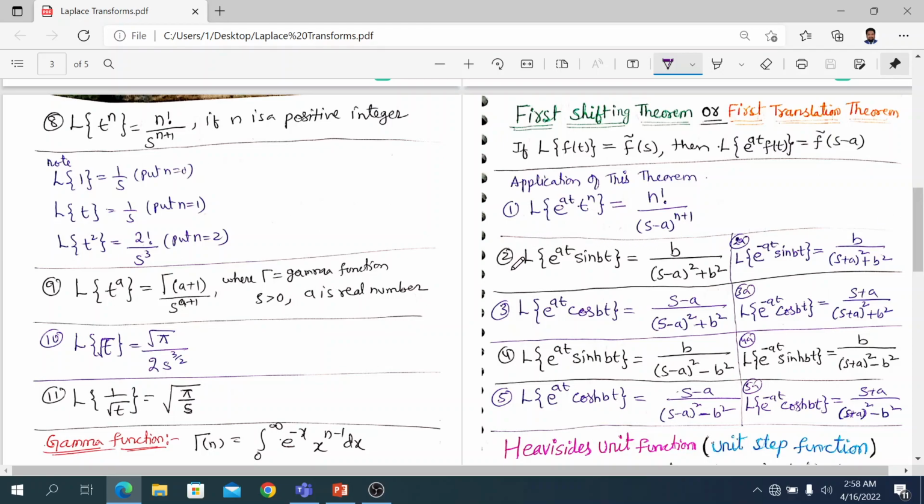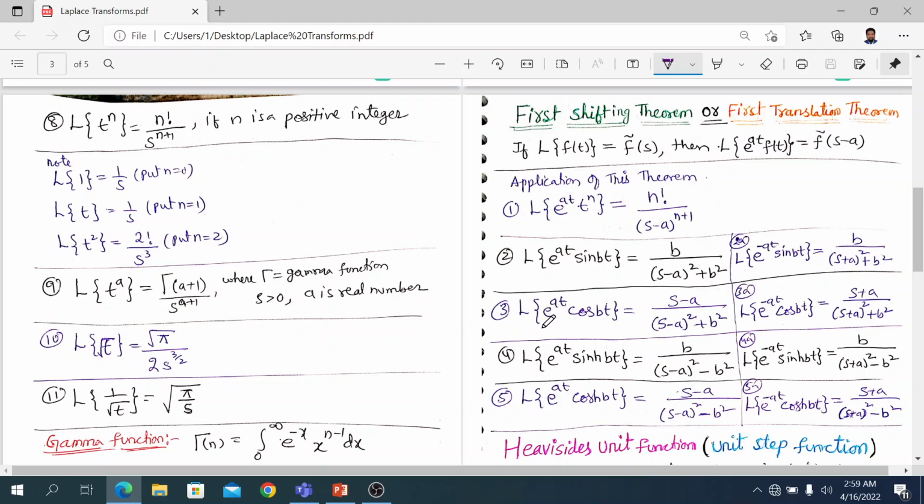Next, based on this, we have the formulae: Laplace of e power of at sin bt is equal to b by s minus a whole square plus b square. If it is positive here, you will get negative. If it is negative, Laplace of e power of minus at sin bt is equal to b by s plus a whole square plus b square.